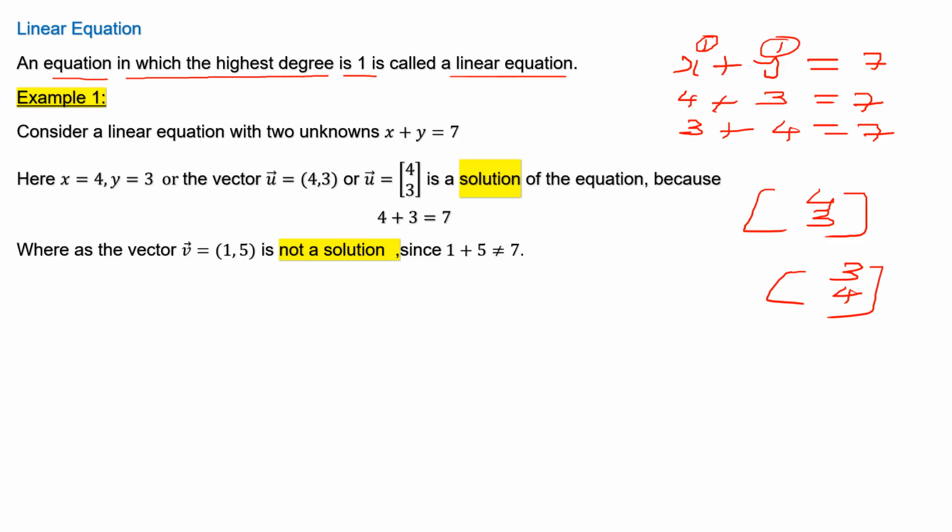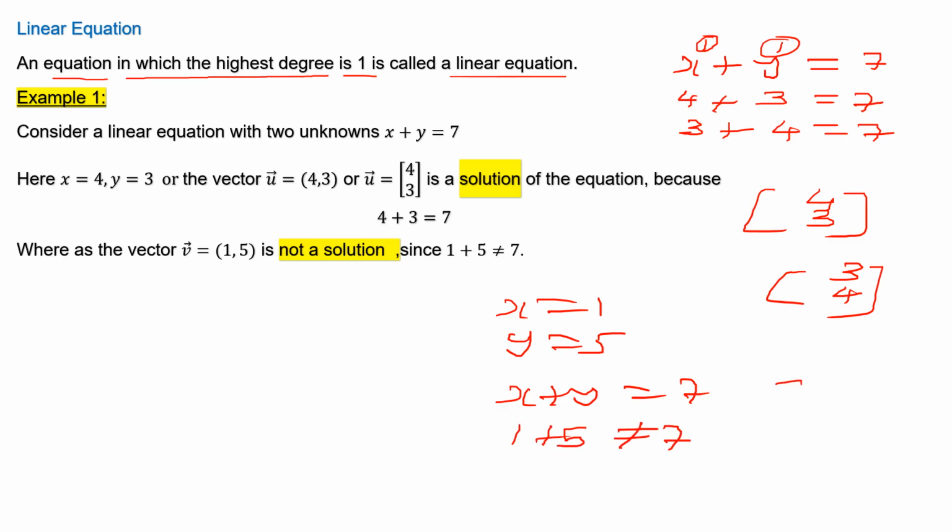Whereas if I take x equal to 1 and y equal to 5, and substitute in x plus y equal to 7, I will get 1 plus 5, which is not equal to 7. So I say 1, 5 is not a solution of the equation x plus y equal to 7.